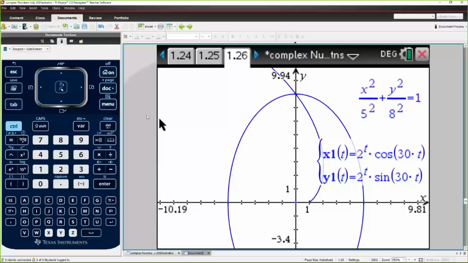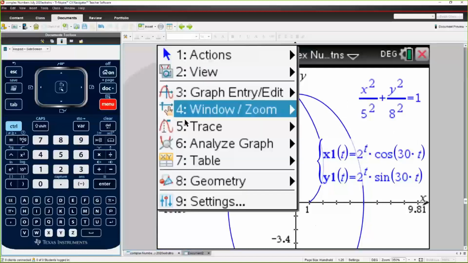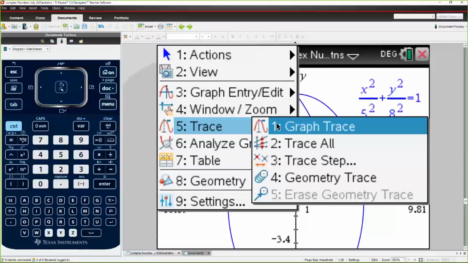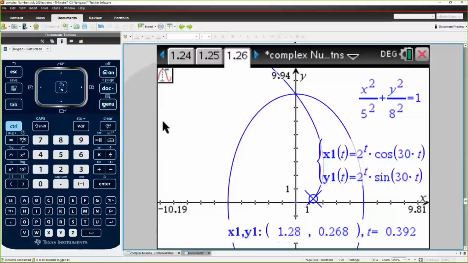And as we did before, we're going to go to graph trace and make our way through that trace, and you can see down here the values on the screen. You can use trace. You might also recognize that they're going to intersect up here.